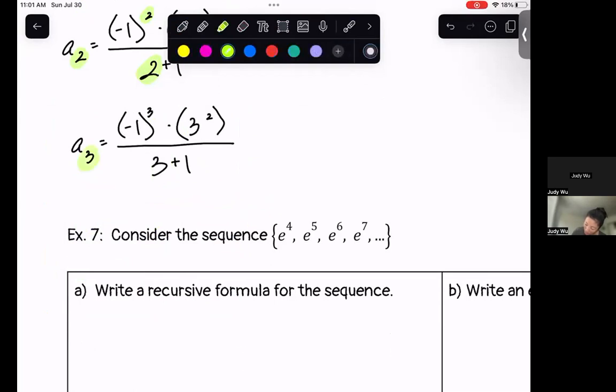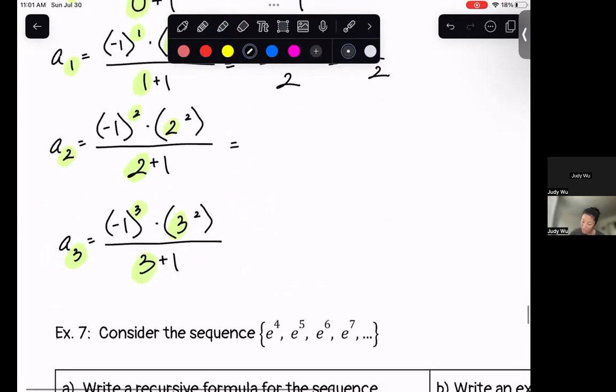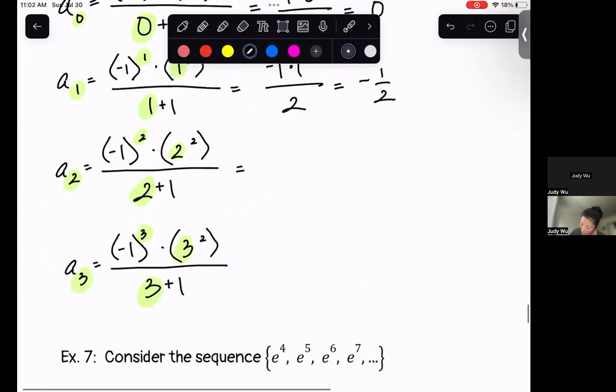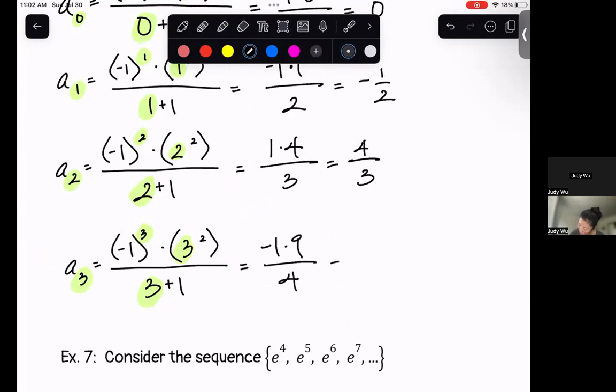All right, so 3, 3, 3, 3. And if I work through the arithmetic here, I should get 1 times 4 over 3, which gives us 4/3. Over here, I should get -1 times 9 over 4, which is -9/4.